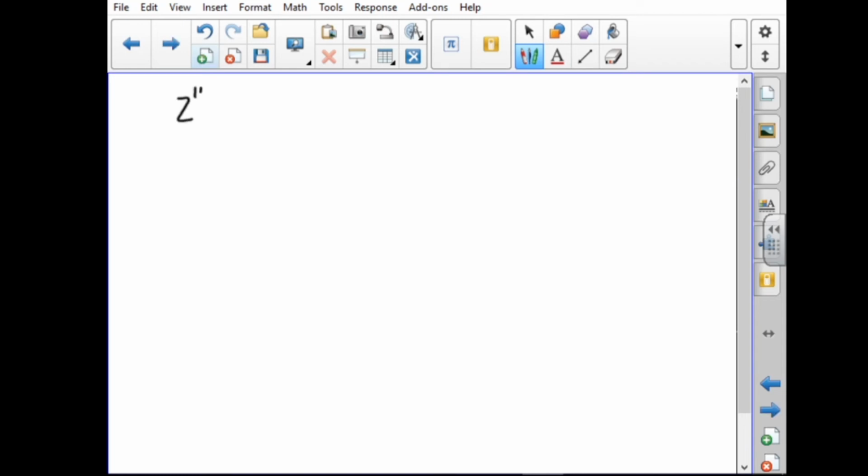So Z power 10 is nothing but i power 10, which is minus i square... and bringing the power inside, it is cos 10 pi by 10 minus i sin 10 pi by 10.